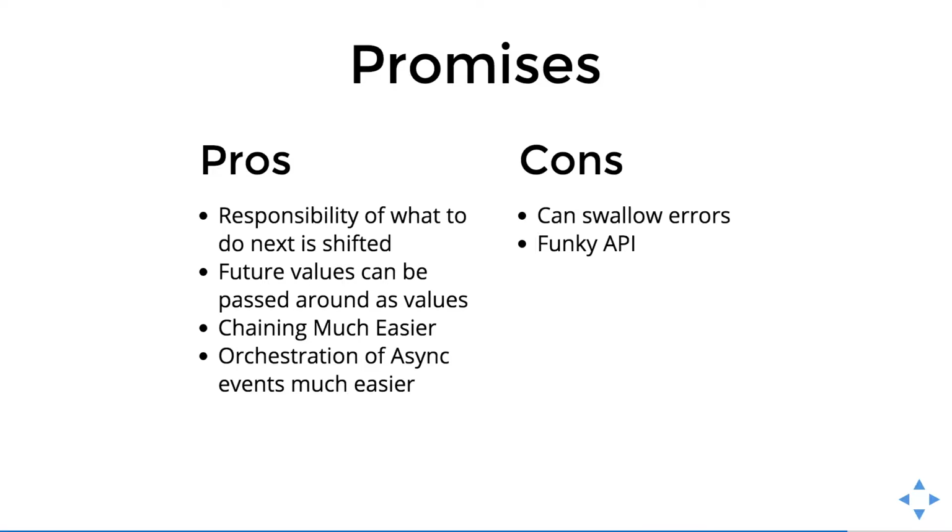The pro of that is the responsibility of what to do next is shifted from the thing that is asynchronous to the thing that needs the asynchronous value, which is kind of nice, in some cases. The cool thing is now you can pass around promises as values, as arguments, treating them as future values. That's more difficult to do with events and callbacks.